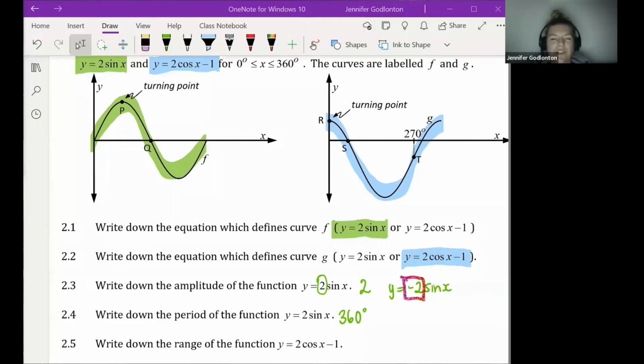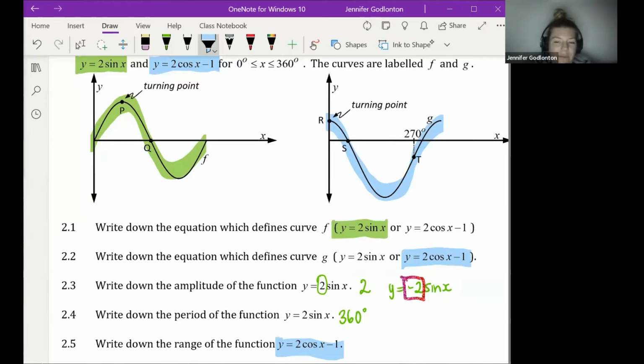Okay, Portia, you're dealing in degrees, which means you're dealing in domain. Well, let's have a look. This is talking about y is equal to 2 cos x minus 1, right? Which means we're talking about this blue graph over here.